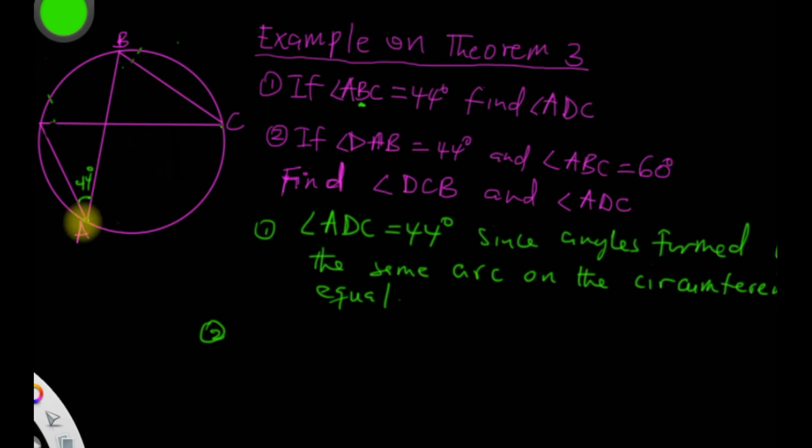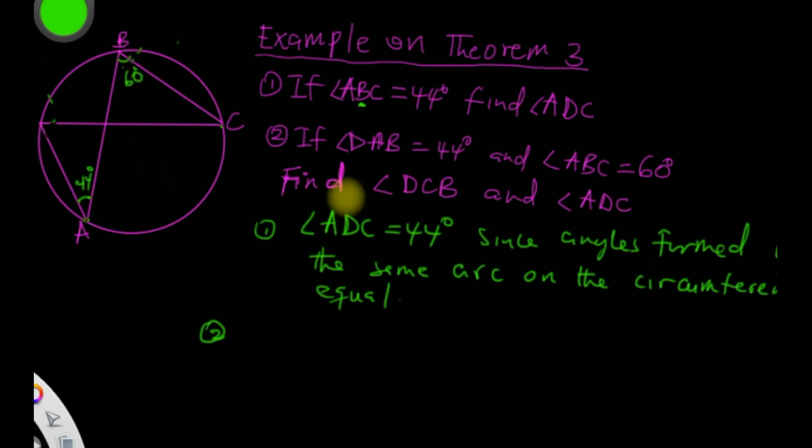This angle, angle DAB, is 44 degrees. And angle ABC, this angle, is 60 degrees.